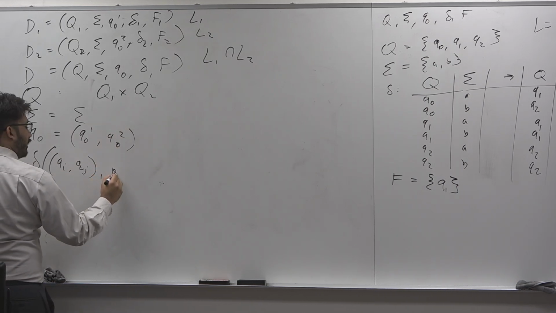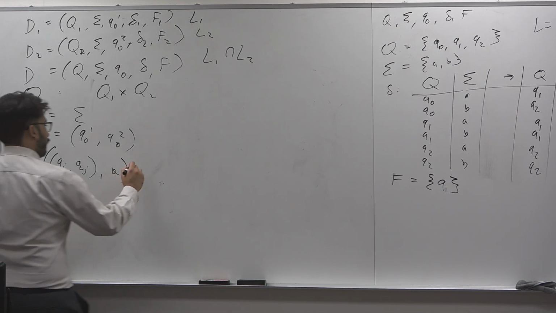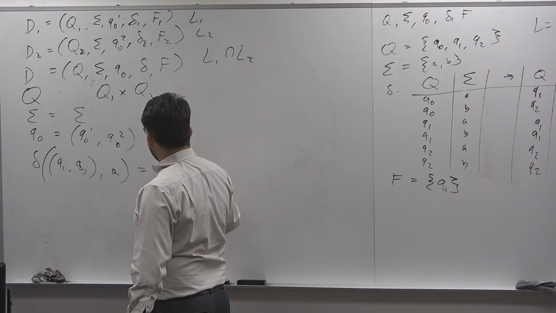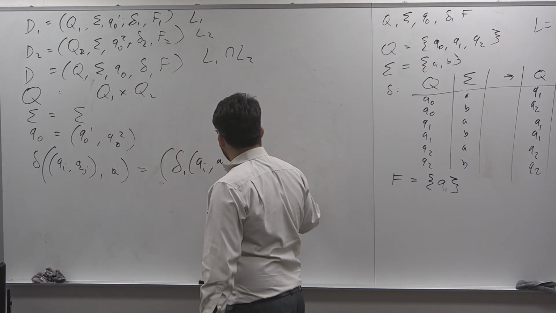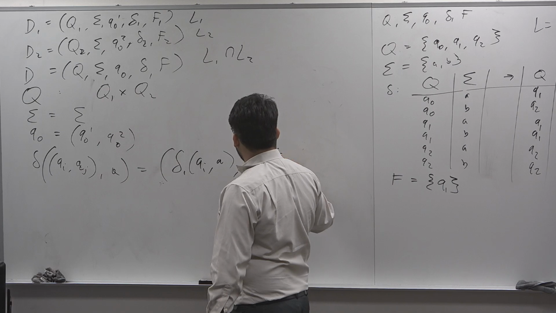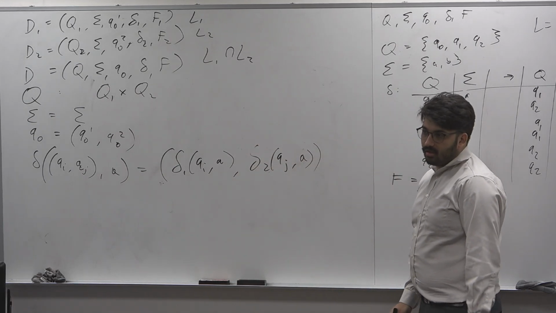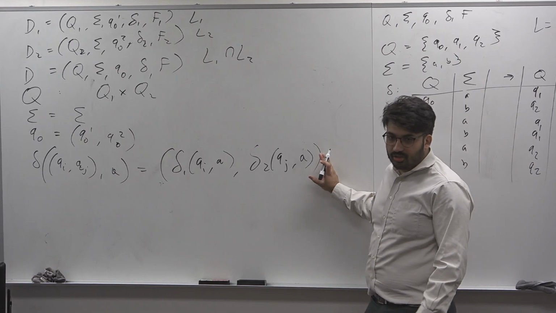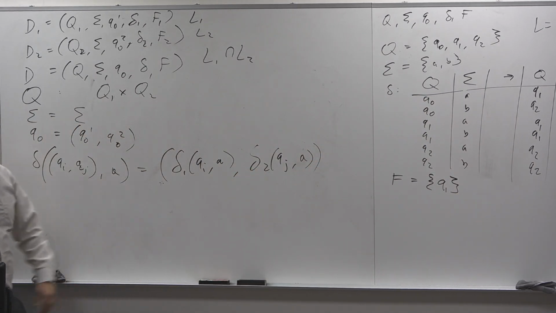And let's say we see symbol A. We're going to move from this state as if we were moving in both DFAs at the same time, which is going to be delta 1 of Qi, comma A, and delta 2 of Qj, comma A. And again, this is a Cartesian product of states, but it's really one state with two coordinates.